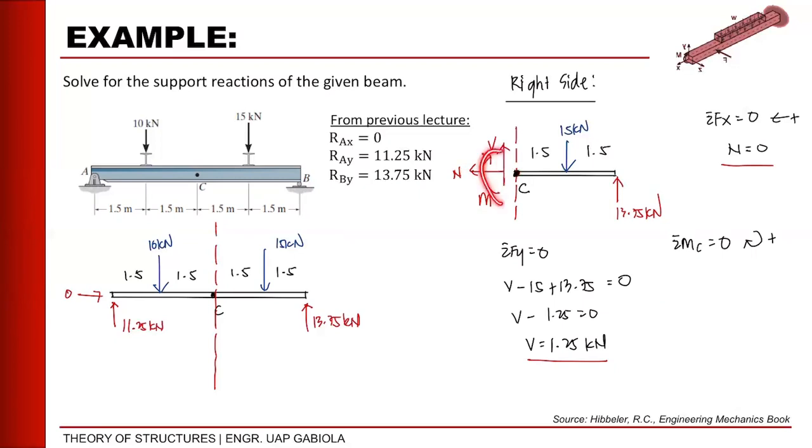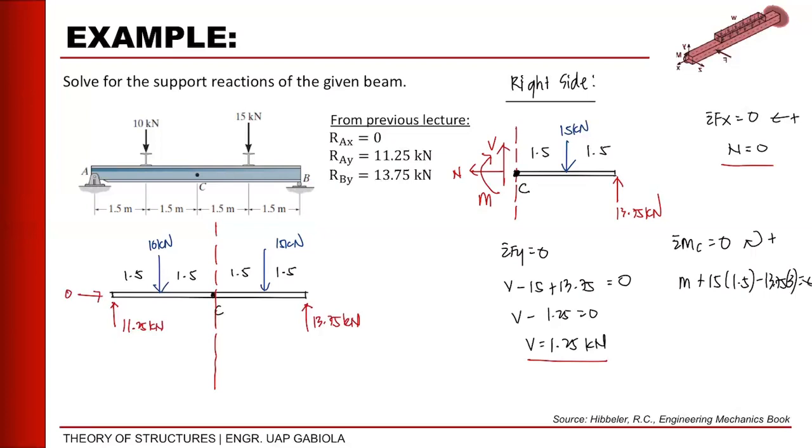Si M will rotate kasi moment yan. Ito magro-rotate papunta doon, and ito magro-rotate papunta doon. So, we have si M will be positive, then plus 15 times 1.5 minus 13.75 times 3 is equals to 0.